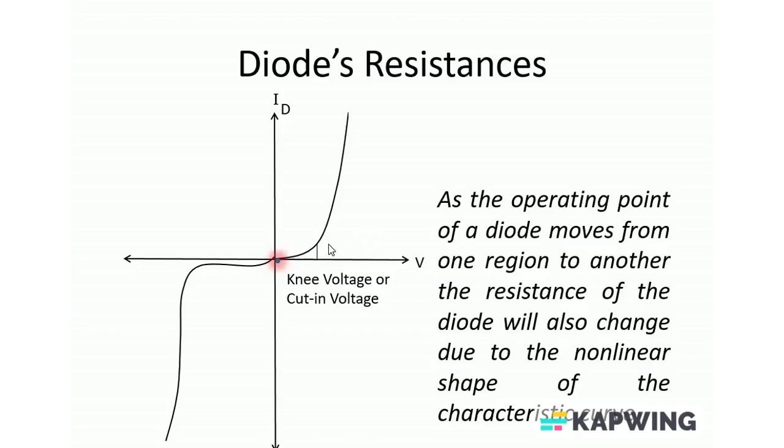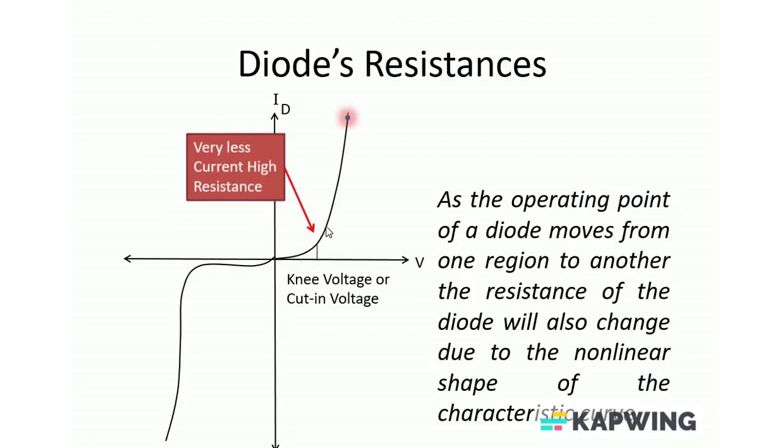As of now, just remember one thing: as this operating point moves from one region to another, the diode's resistance also varies. When we have less voltage input to the device, and less current flowing through the device, obviously the resistance would be high. In this region the resistance would be high.